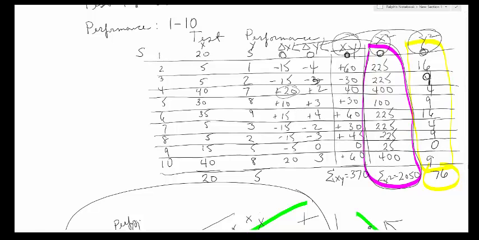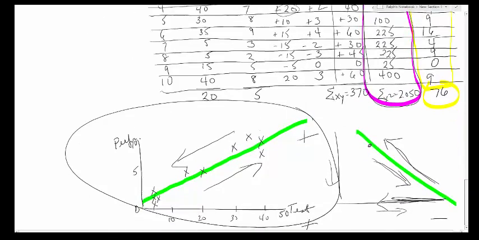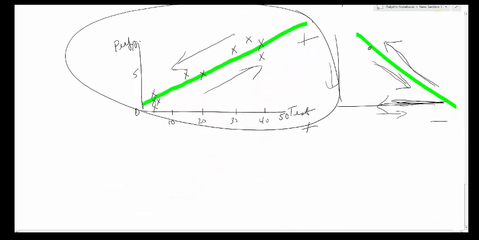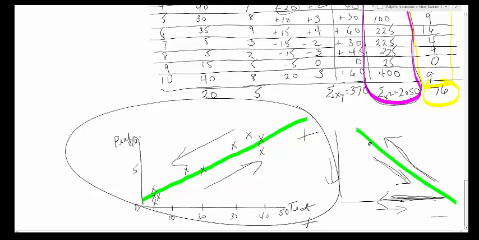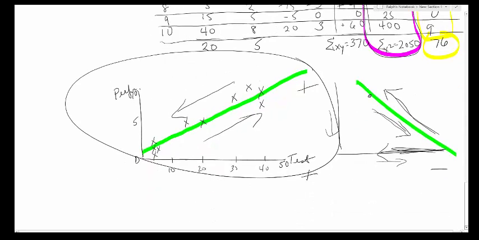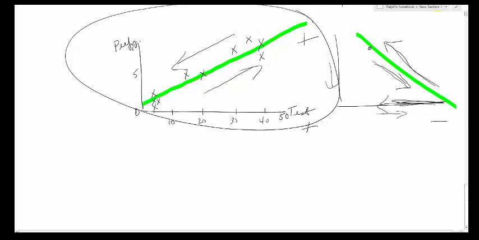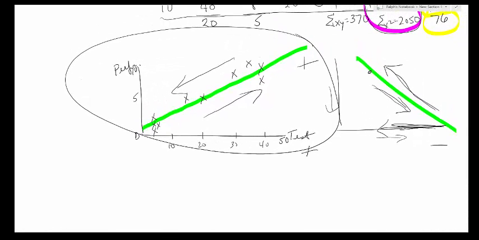Good. Now, what do we want to do with these numbers? We want to take the total variance, the total differences, which would be called the correlation of x and y. That will equal how much they vary together, which is this x times y.